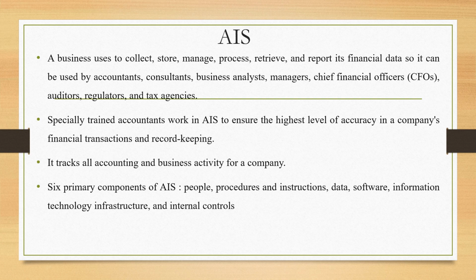For providing accurate data and maintaining it properly, we should have six main components in AIS: people, procedures and instructions, data, software, information technology infrastructure, and finally internal controls, that is, control over this.